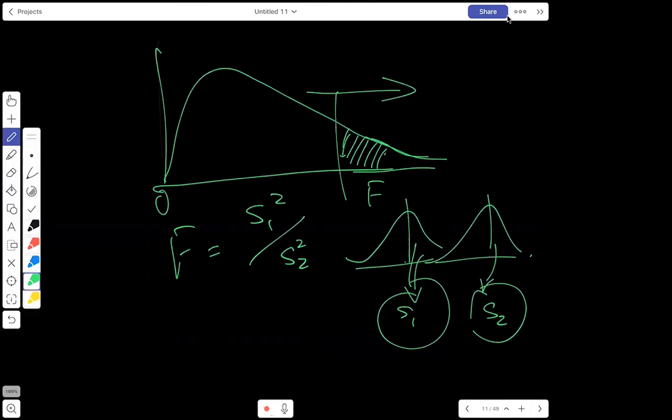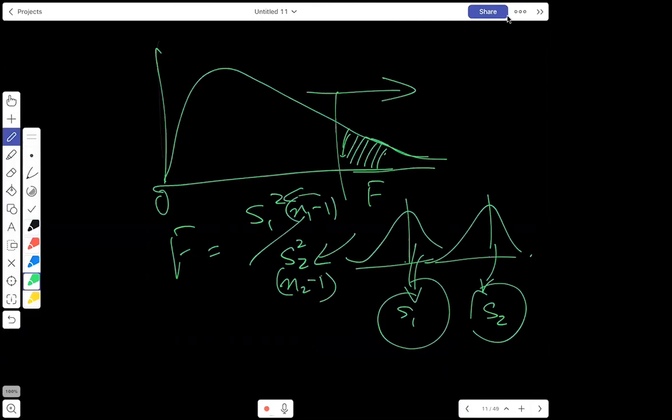Unlike the T distribution that we've used before, it has two different degrees of freedom. One is associated with this sample, and the other is associated with this sample. If our sample size for the denominator is N2, then the degrees of freedom will be N2 minus 1. And if it is N1 for the numerator, it would be N1 minus 1.